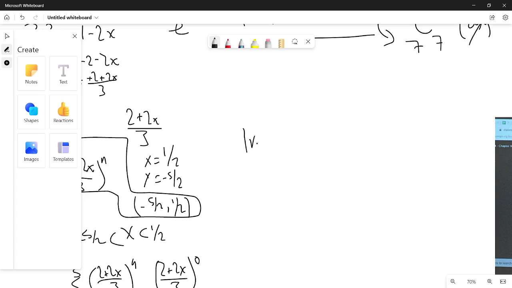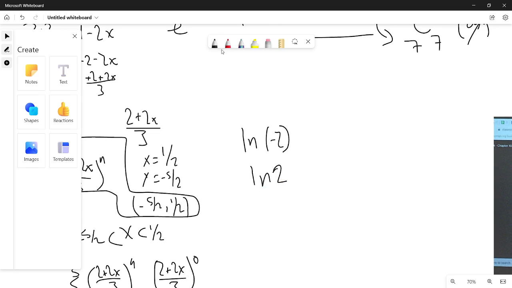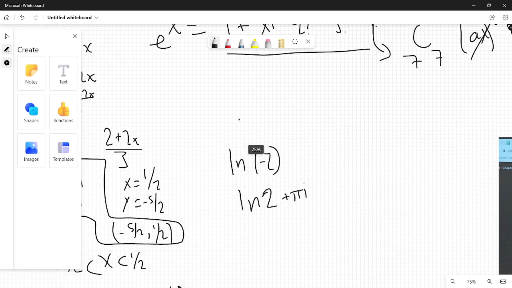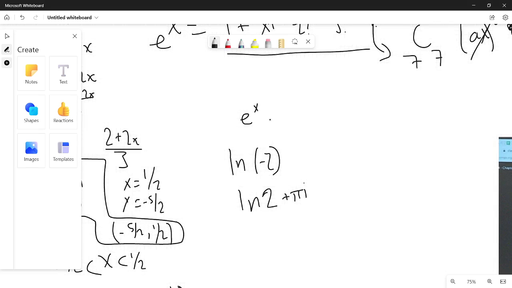But for example, if you have ln of negative 2, this is going to be ln 2 plus pi i. As a reminder, ln is what we use for e to the x equals negative 2.